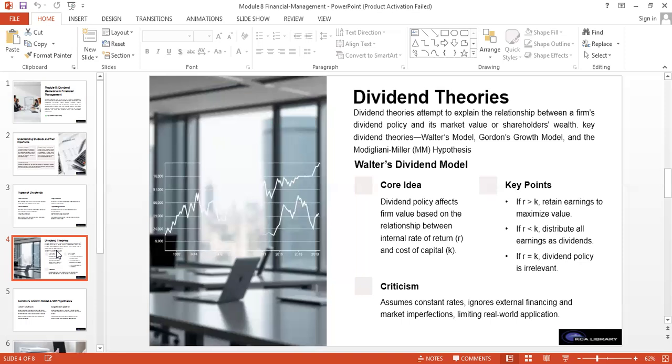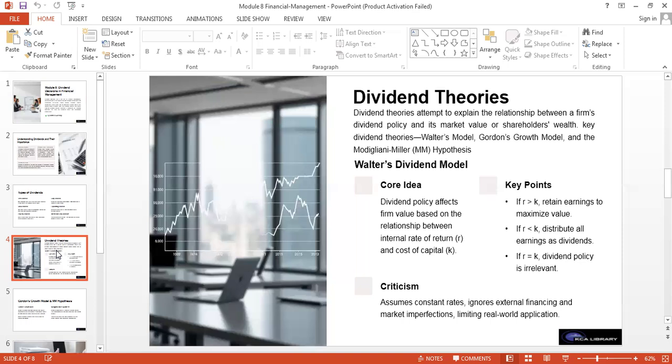If R is less than K, then you distribute the earnings as dividend. However, if R is equal to K, then dividend policy is irrelevant. So these are the key points of the model, and this helps guide the firm on what to do regarding dividends.